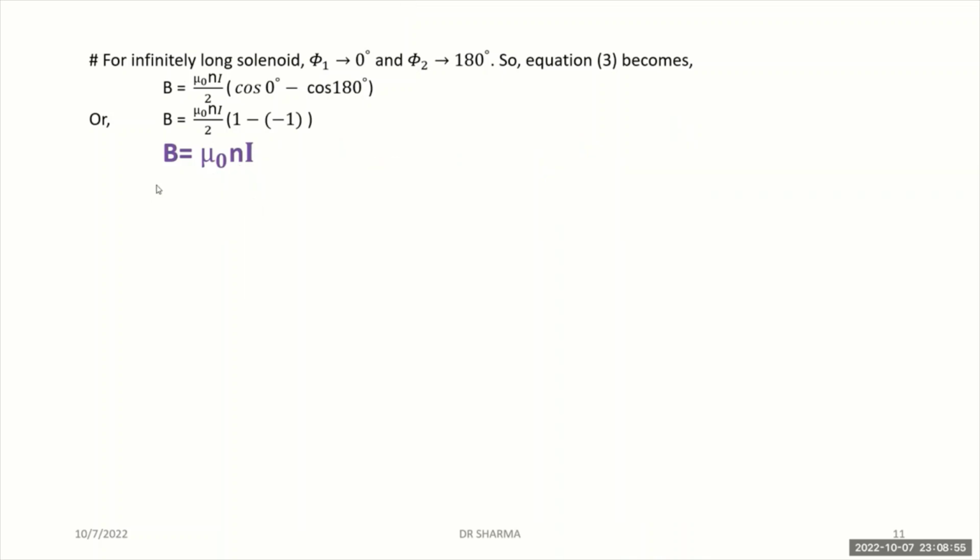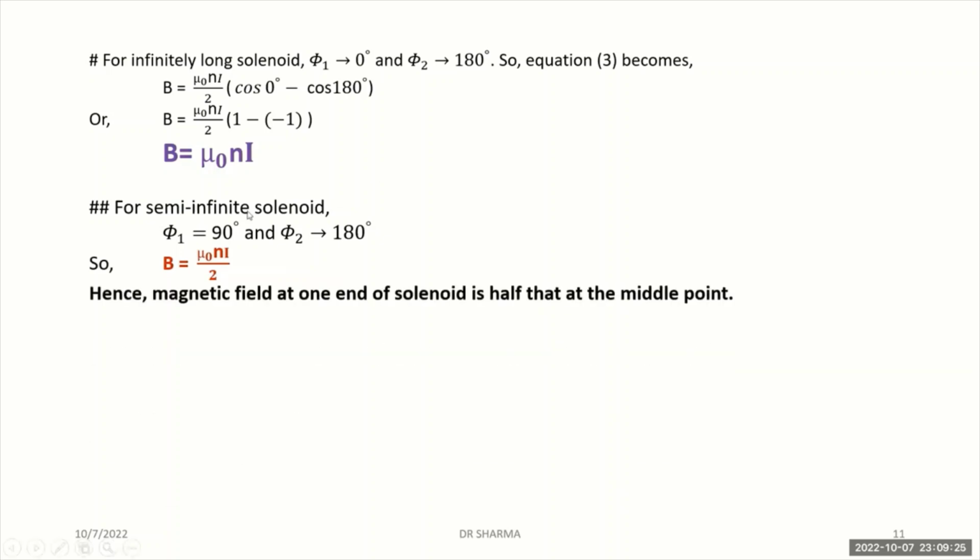Now, if the solenoid is semi-infinitely long, that means we are calculating the magnetic field at one end of the solenoid. Phi 1 is equal to 90 degrees and phi 2 tends to 180 degrees. After substituting these values in equation 3, we get B is equal to mu naught n I by 2.